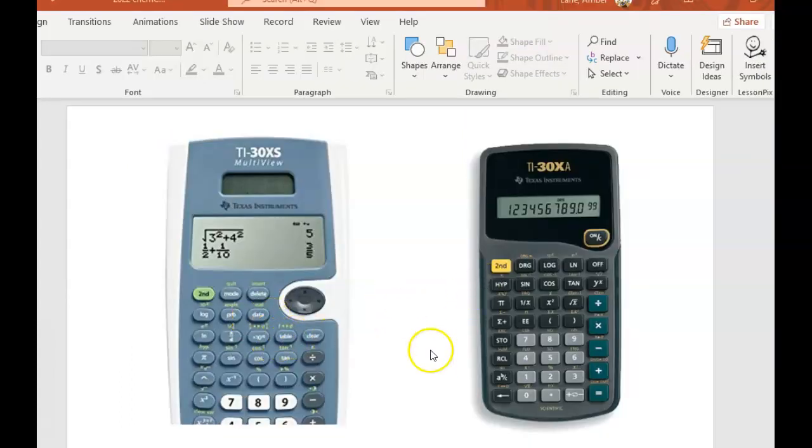Okay, here's a few more options. This guy right here, the key you're looking for is the double E. So if you're keying something in, 2.51, this would be times 10, and then let's say to the negative third, and then divided by.